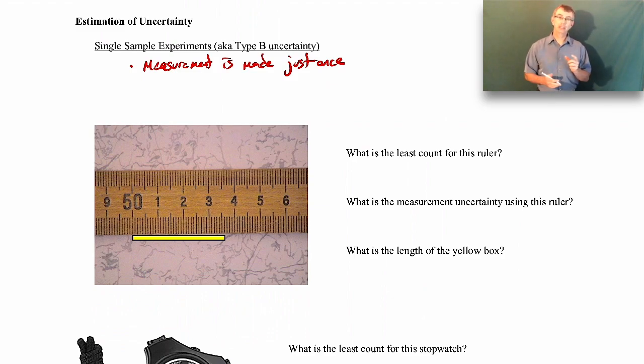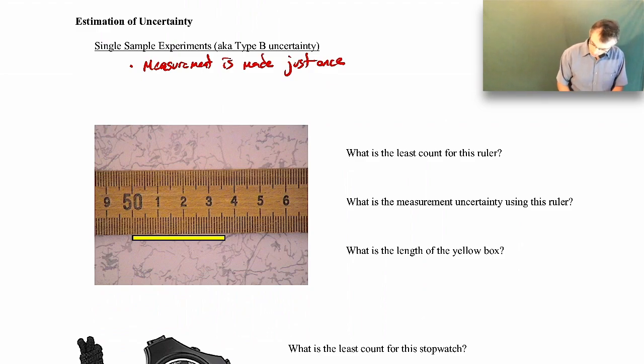The least count is the smallest discernible division in your instrument. Like if you had a ruler, for example, if the smallest scale division was in millimeters, the least count would be a millimeter. It's usually plus or minus 1/2 the least count. Sometimes it's a little different, and I'll explain that in a moment.